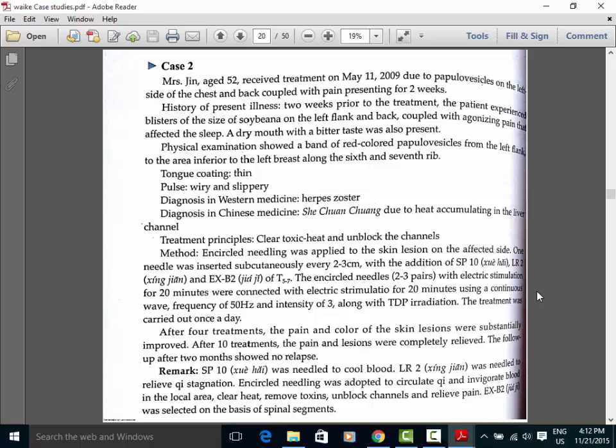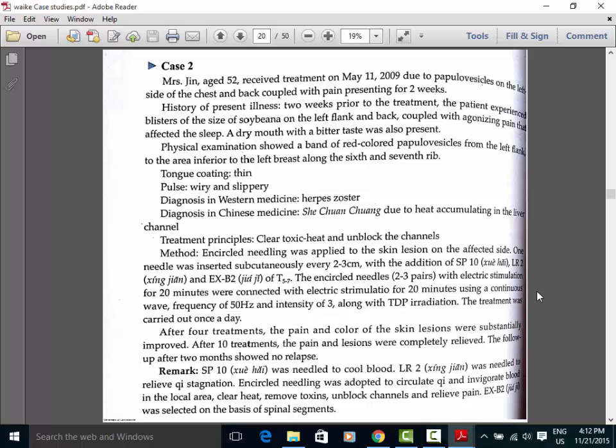One of the things that I like to do when I look at case studies is look at the treatments themselves and work backwards. I don't know if that's helpful, but what I do see here in terms of the treatment is that they're mostly treating it almost as blood heat, liver heat and blood heat, because they're using spleen 10, liver 2, spleen, and that's all that they really give us, and then local points.